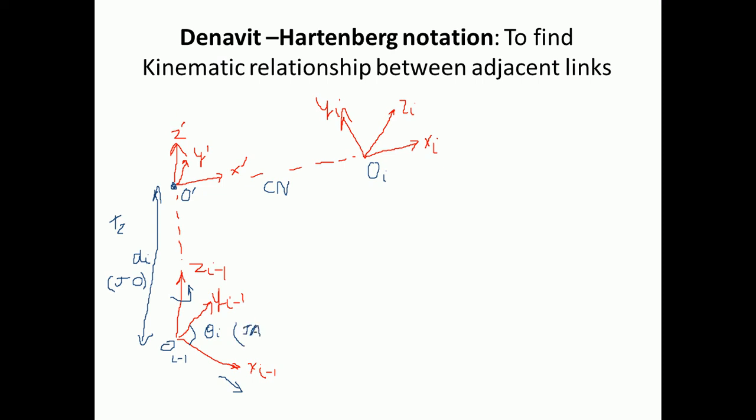Okay, and this step is performed so that this x i minus 1 is parallel with this common normal. Okay, and the homogeneous transformation matrix which we write over here is for rotation about z axis. Okay, now the next step is that we have to reach the second principal axis frame from this O dash origin.